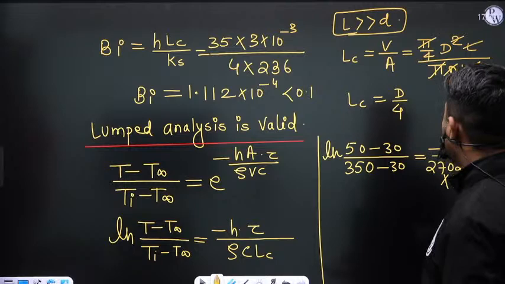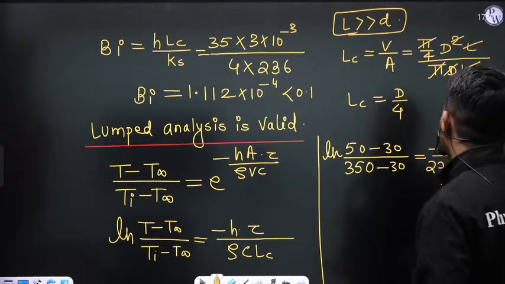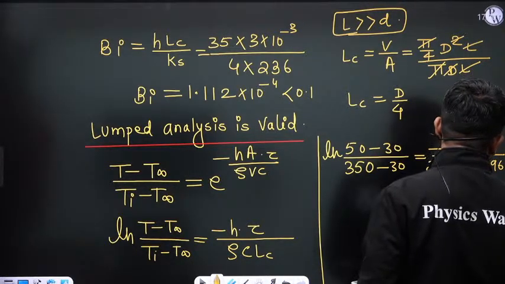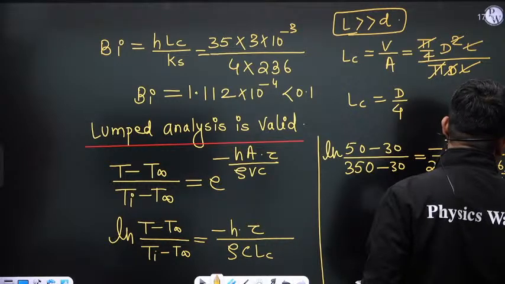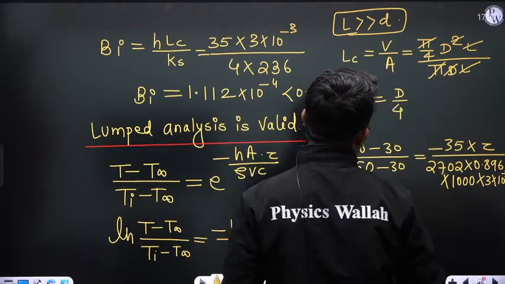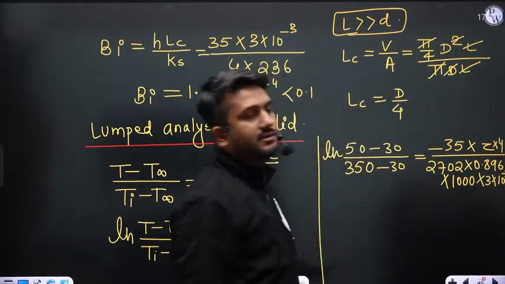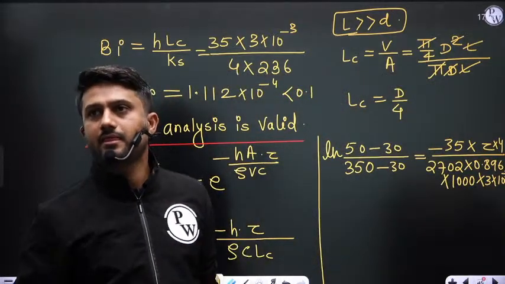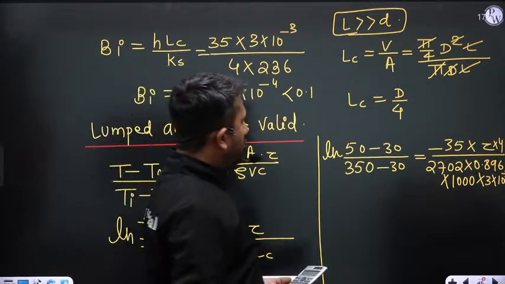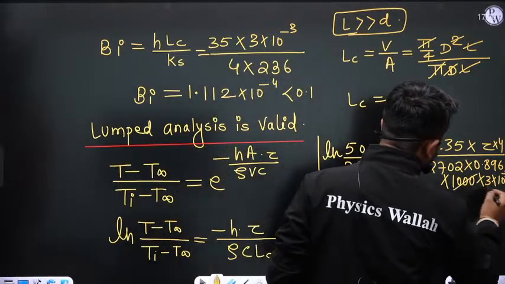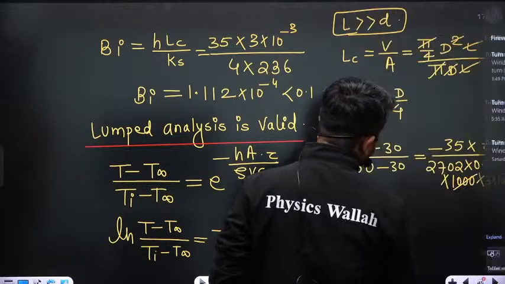And Lc, what is the Lc? Lc is D by 4. So it is 3 into 10 to the power minus 3. Okay, now 4 is in the numerator. Now solve. So 10 to the power minus 3 cancels out.